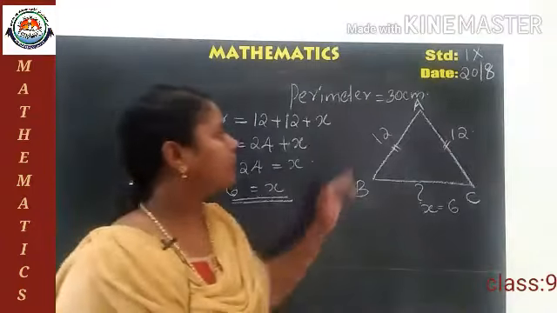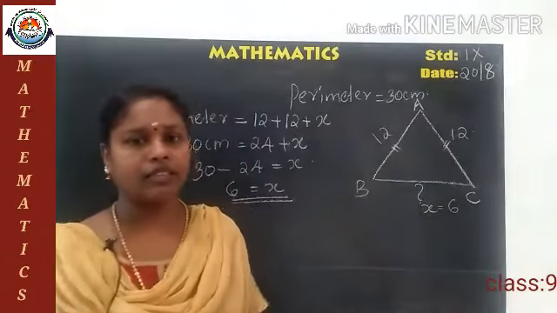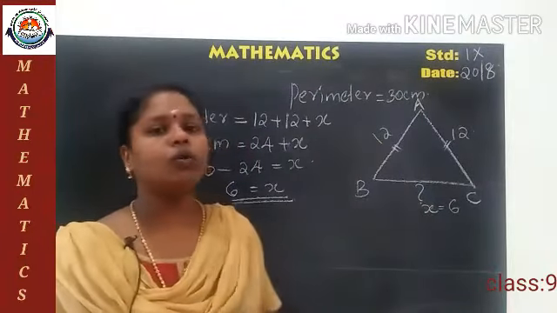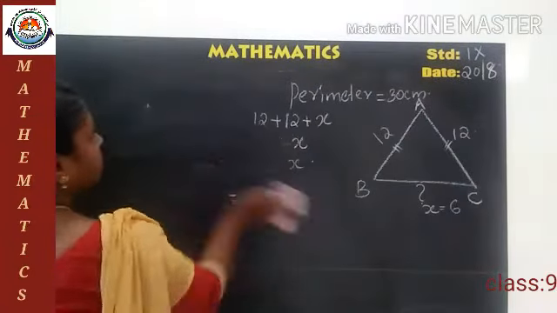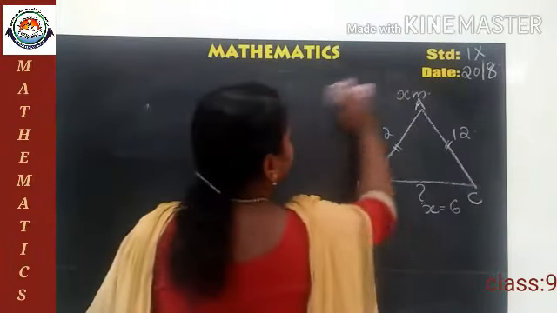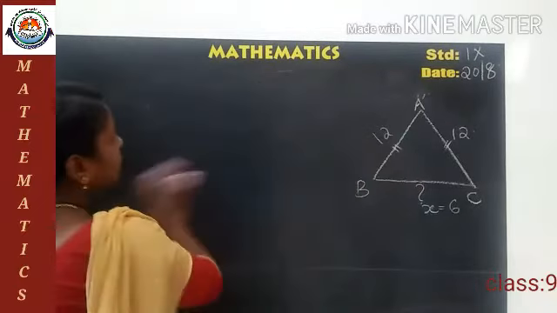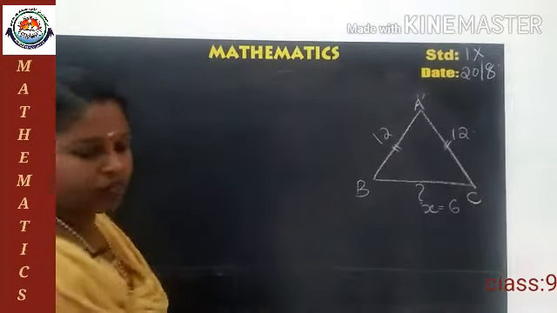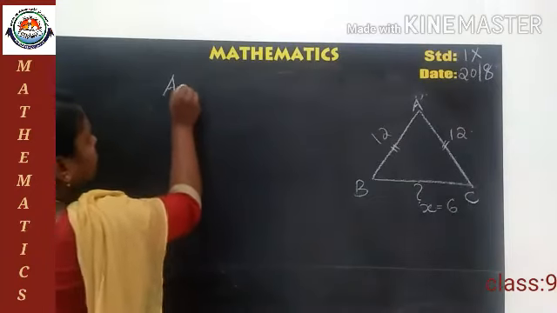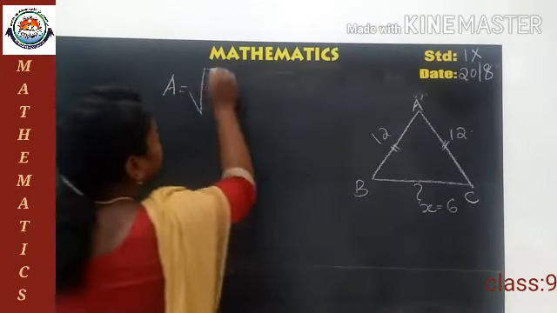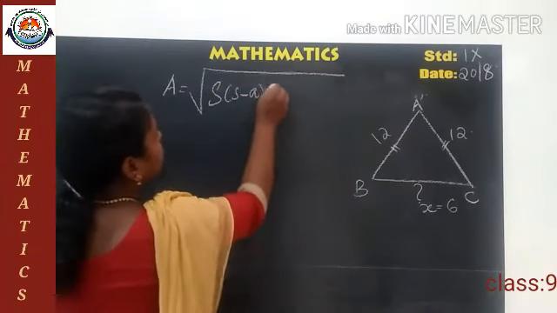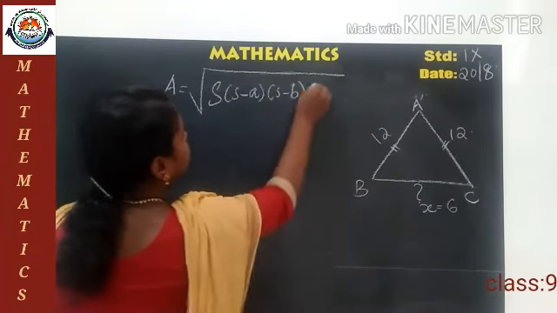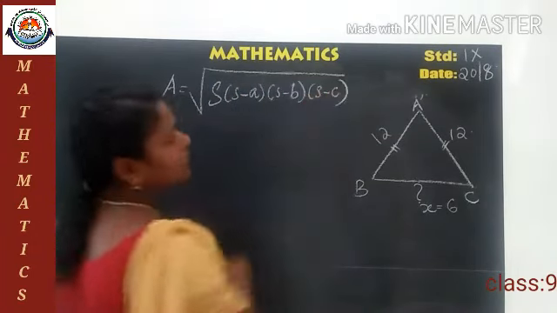Now we have the length of three sides. Then we can apply the Heron's formula directly. Then area of triangle equal to root of s into s minus a into s minus b into s minus c.